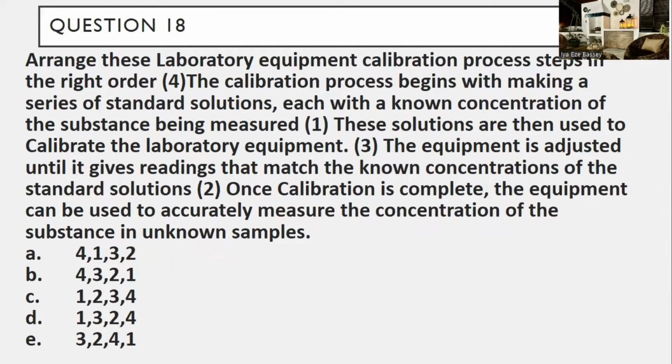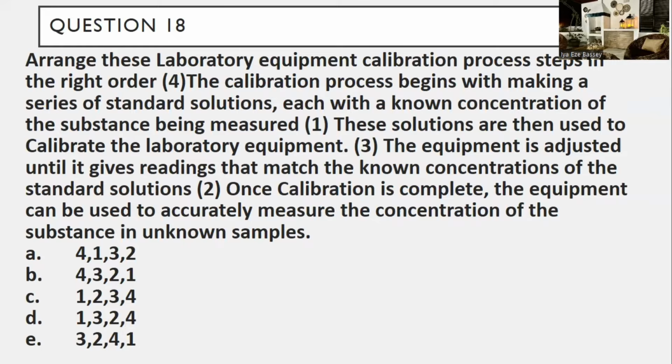So I want you to be able to arrange these equipment calibration process steps in the right order. You have number 4 saying the calibration process begins with making a series of standard solutions, each with a known concentration of substance being measured. 1 says these solutions are then used to calibrate laboratory equipment. 3 says the equipment is adjusted until it gives readings that match the known concentration of the standard solution.